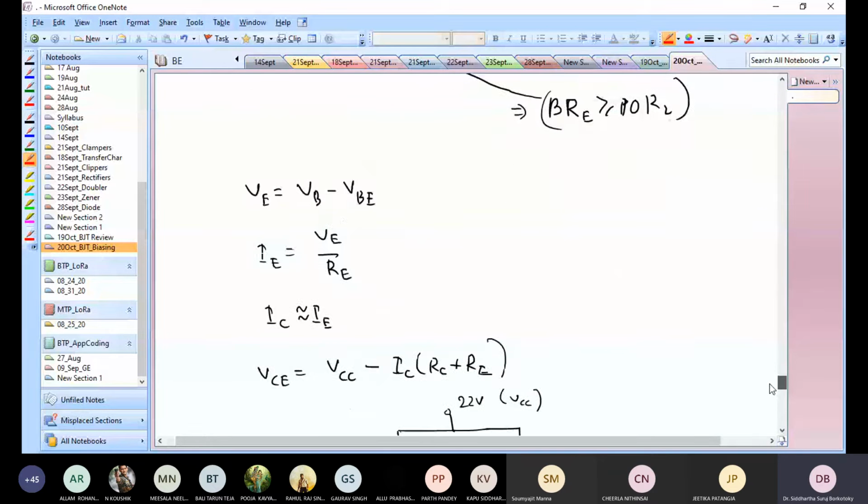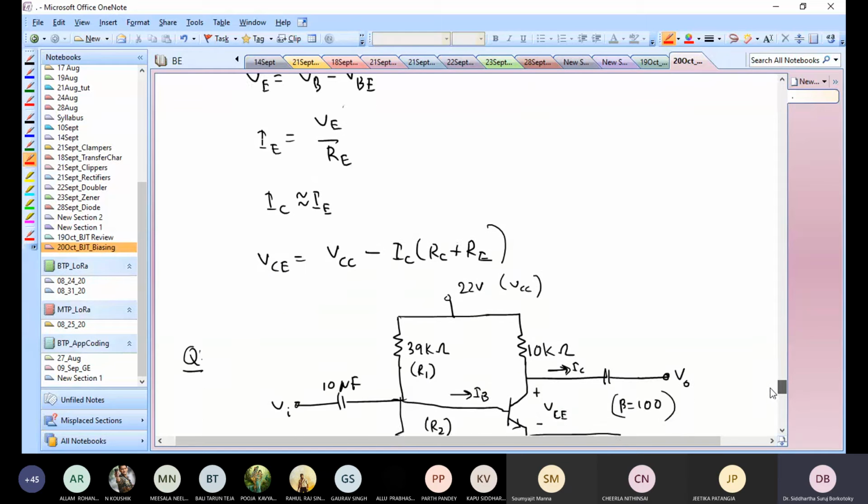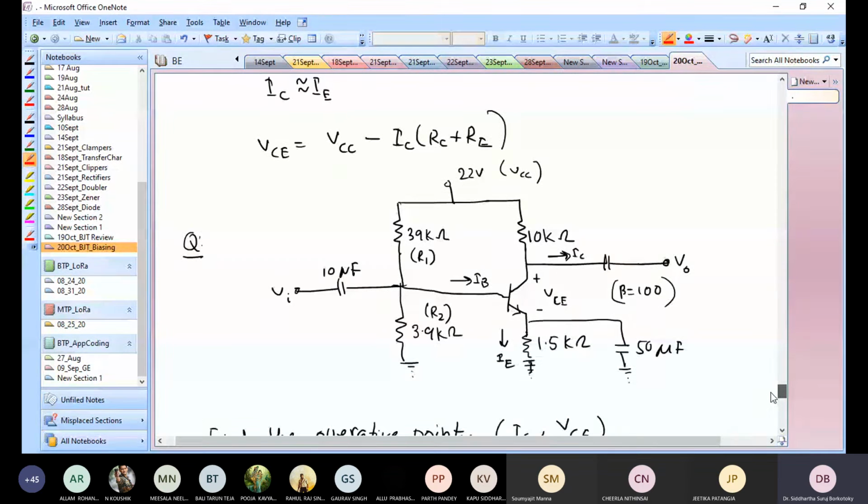Okay, so this is how you find things. Then IC would be approximately equal to IE, and VCE is VCC minus IC times RC plus RE. We have already discussed why this is the case. If you don't understand something, again, feel free to ask me.